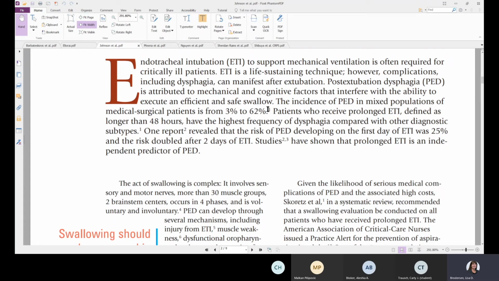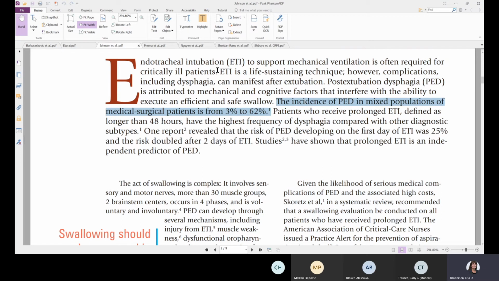And then they mention that the incidence of post-extubation dysphagia in mixed populations of medical surgical patients is 3 to 6%. Now, one thing I don't care for regarding this introduction is they don't cite any of their claims until this sentence. From an APA style perspective, the only claim that's being credited to a source here is this sentence. The rest of these are not credited to sources, although they clearly did not originate in the author's own mind.